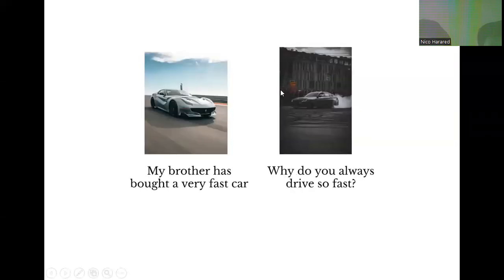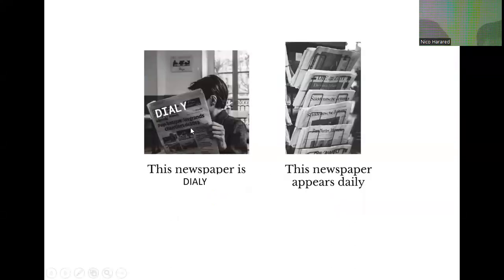And what else? This one: my brother has bought a very fast car. What part of speech is it? Why do you always drive so fast? What kind of part of speech is it? Please try to figure it out. What about this?